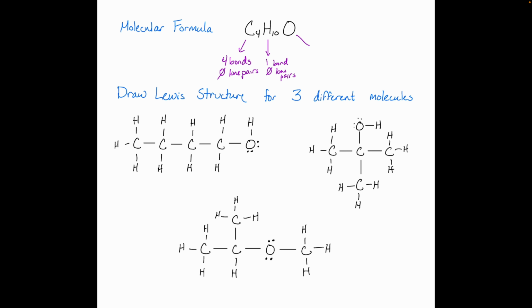And what about oxygen? 2 bonds, 2 lone pairs. All right, so as long as your structure meets those criteria, you have a correct Lewis structure that matches our chemical formula here.